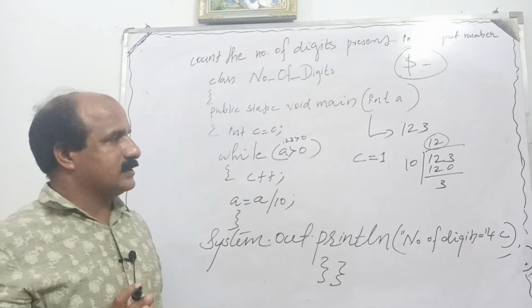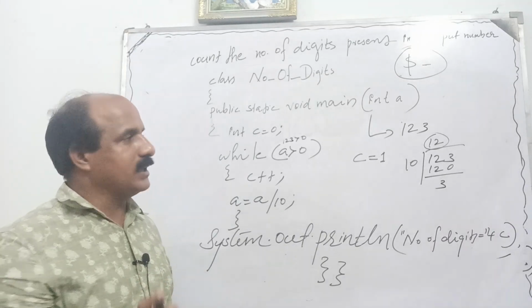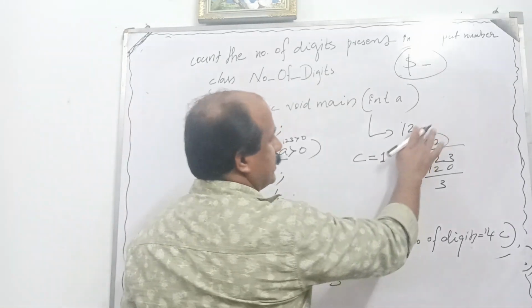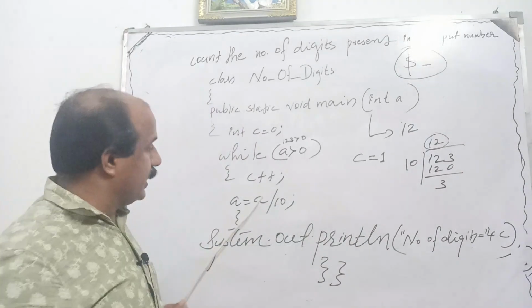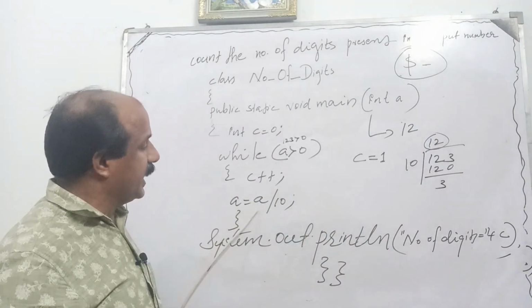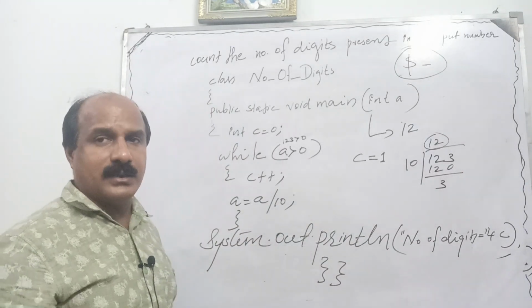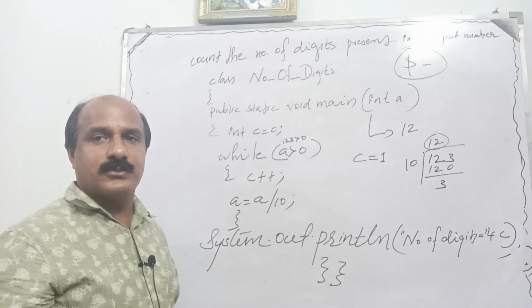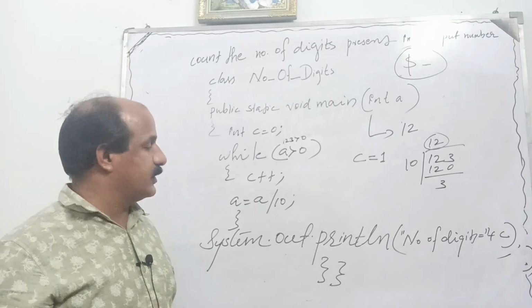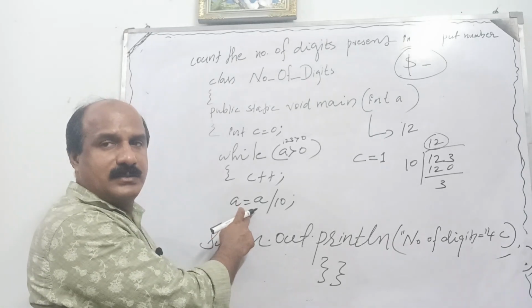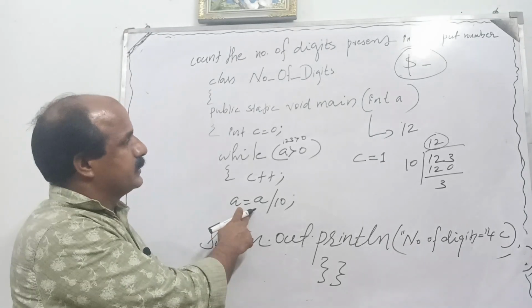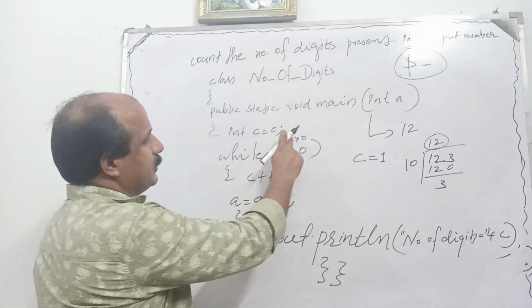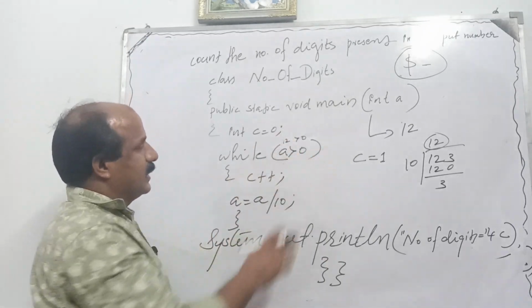So a is now not 123, it is 12 only. A itself is changing. A is equal to a divided by 10, so a will change to 12. Instead of 123, what is the new value of a? It is 12.